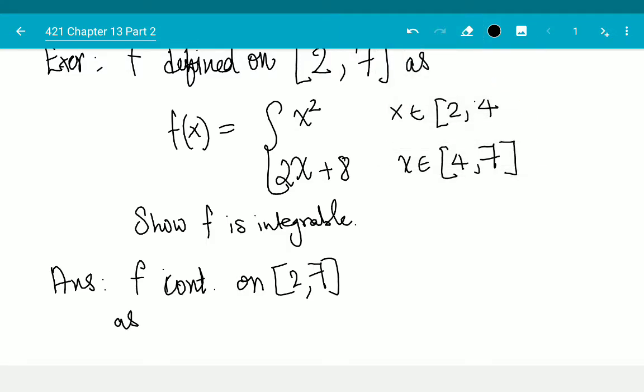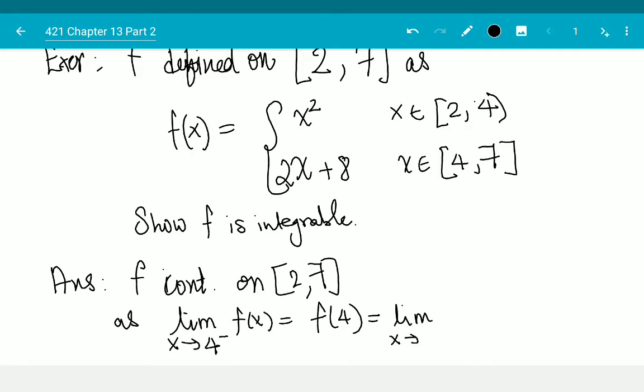This was supposed to be x squared on 2 to 4, and 4 squared as limit x approaches 4 minus of f(x) is equal to f(4) is equal to limit x approaches 4 plus of f(x).